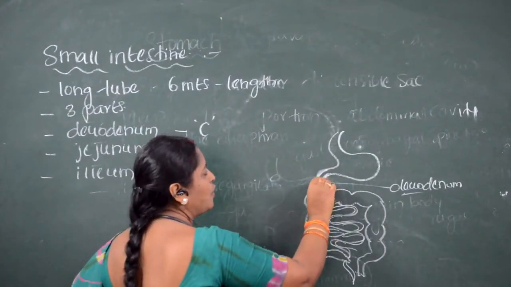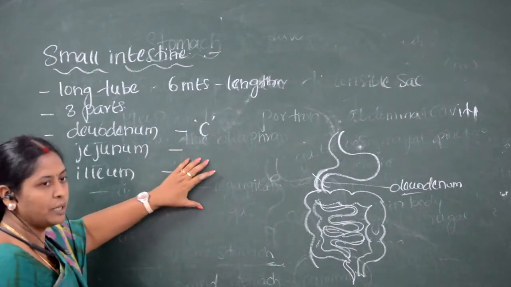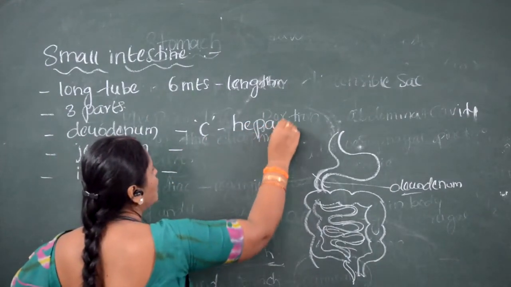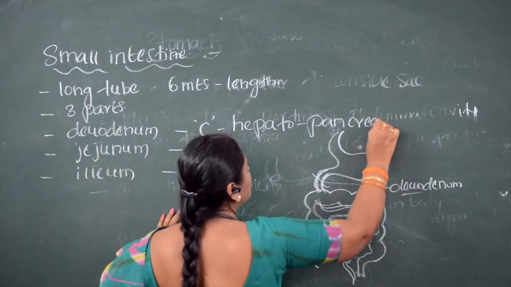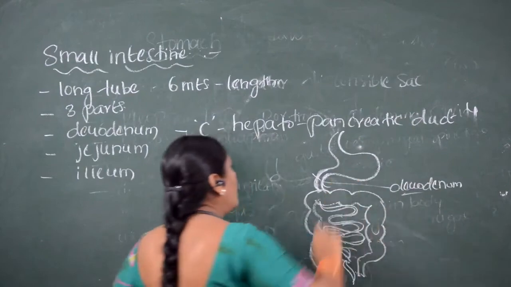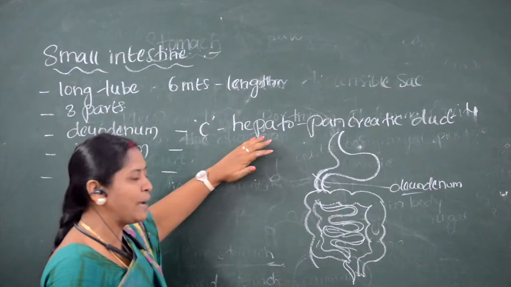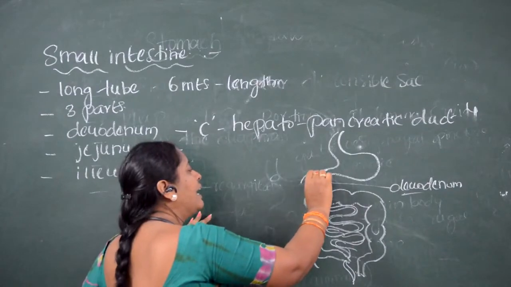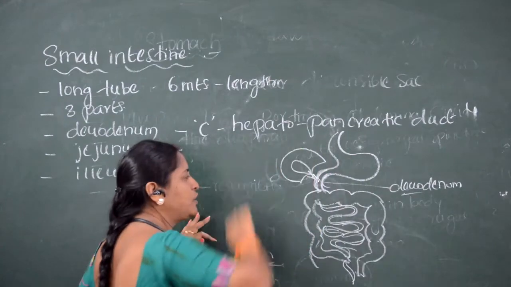The duodenum consists of 2 ducts. The duct which opens into the duodenum is called the hepatopancreatic duct. What is the hepatopancreatic duct? The hepatic duct arises from the liver and opens into the duodenum.